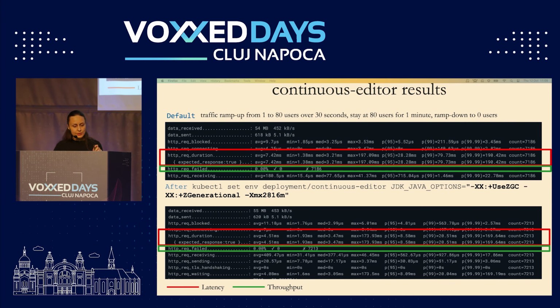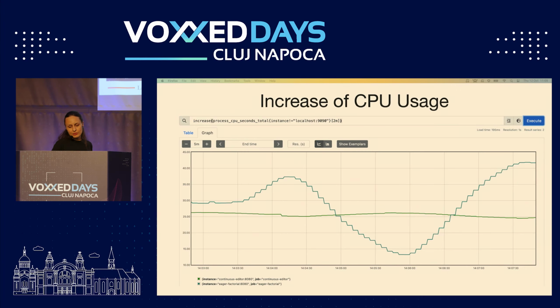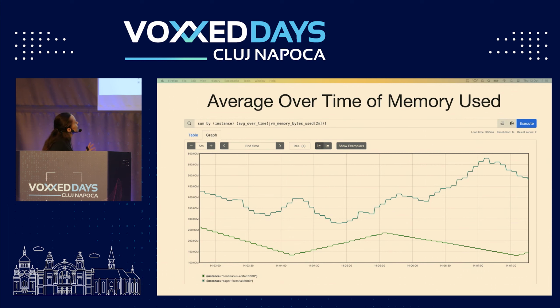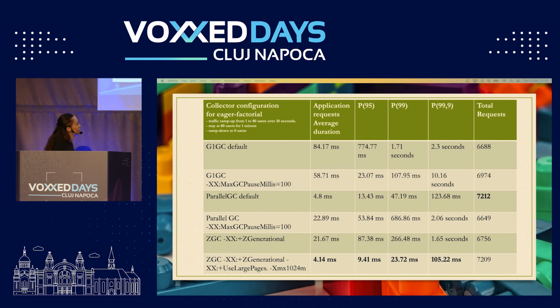Now, if I'm looking to the one that's I/O bound, on the I/O bound case, I can see an improvement as well on latency and an improvement on the throughput. Now let's look at the CPU usage. CPU usage is slightly higher. Memory is lower. So compared to the first time when I didn't set any memory bounds, this time it stayed within some boundaries. Let's look again at what we had and how things worked throughout time in the comparison.